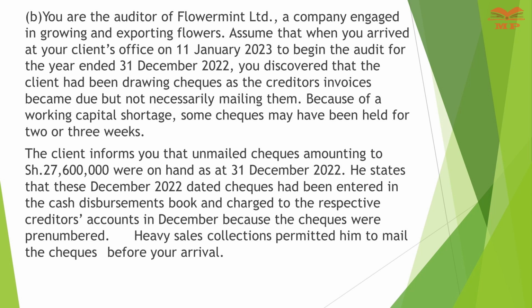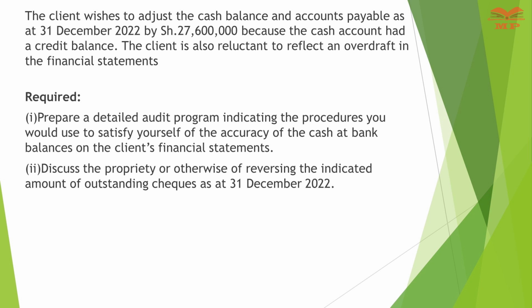Then in the third paragraph, we read that the client needs to adjust the cash balance and accounts payable as at 31st December 2022 by 27.6 million because the cash account had a credit balance. That is abnormal, because in practice there is no way you can have a credit balance on the cash account. The client is also reluctant to reflect an overdraft in the financial statements.